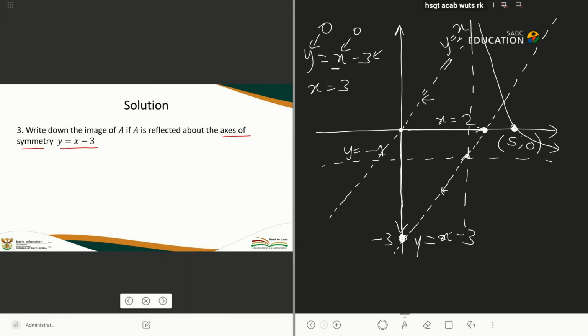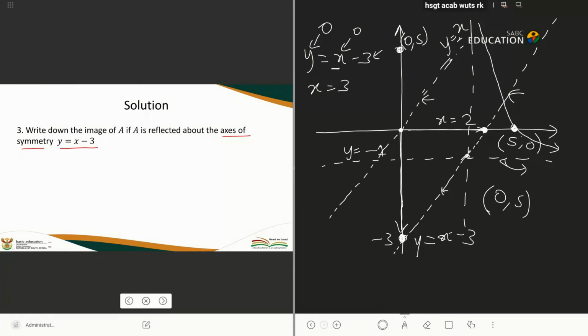So if I reflect this point about the line y equal to x, these two coordinates are just going to swap, so the point becomes (0, 5). So my point will be somewhere there, which is (0, 5), okay? But now, because I did not reflect it about this line, I reflected it about the line y equal to x, I must do the translation now on this point.